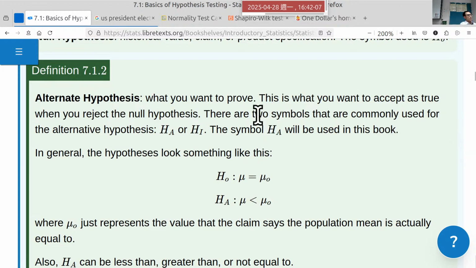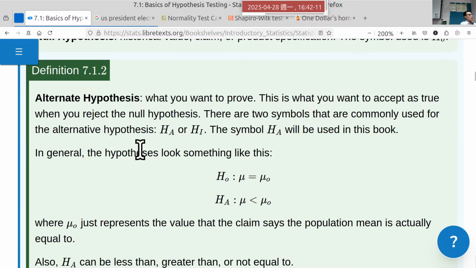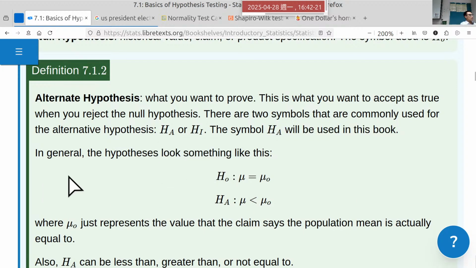And there are two symbols commonly used for that one. Alternate hypothesis, HA or H1. And the symbol HA will be used in this book. In general, the hypothesis looks something like this. Null hypothesis H0, mu equals mu0.